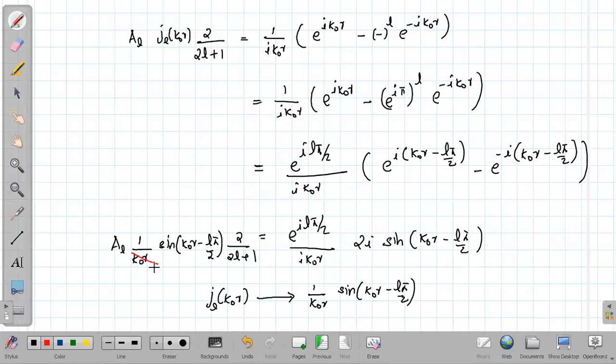This k0 r can be cancelled, sine can be cancelled, i can be cancelled, 2 can also be cancelled. So hence what would be your A_L? This shows that A_L is simply e raised to i L pi by 2 times (2L plus 1).